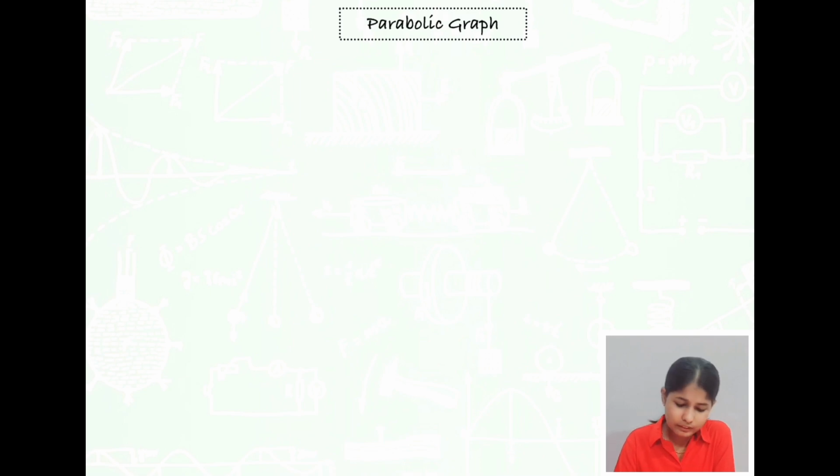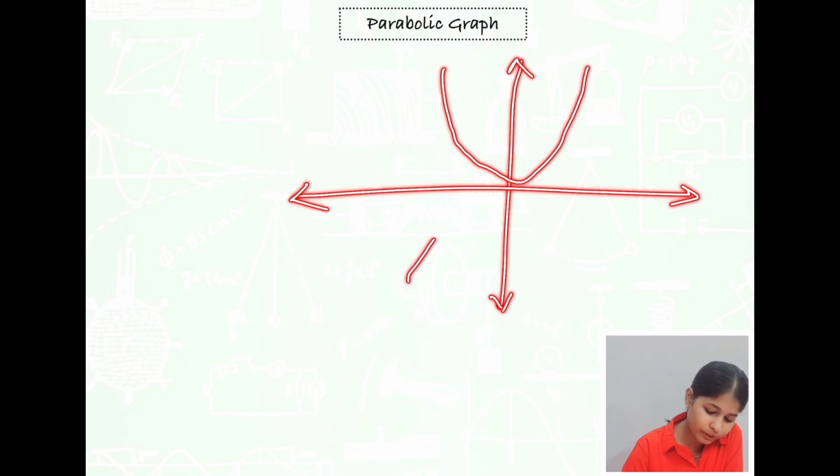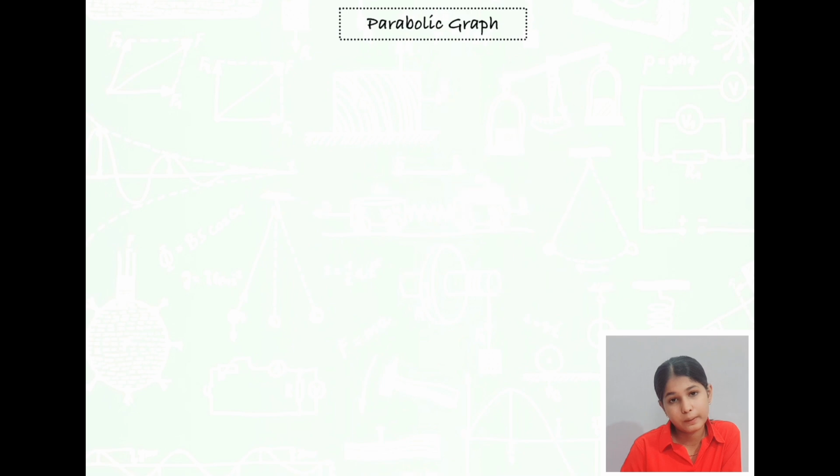So that's all. But what is a parabola actually? For example, this is our graph. This is our upward parabola and this is our downward parabola. That's our parabolic graph.